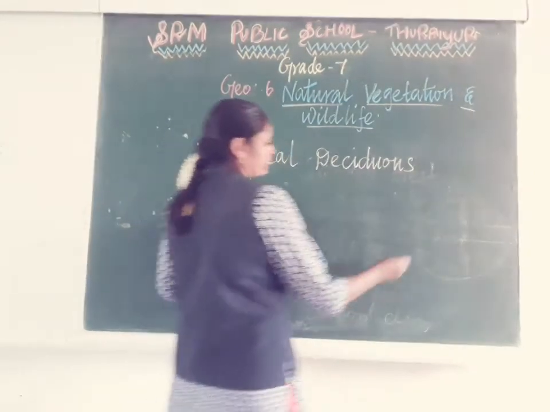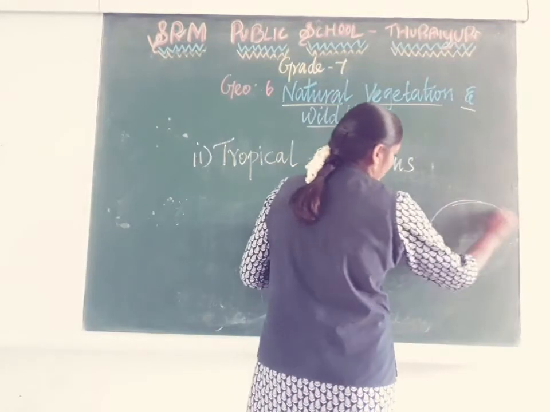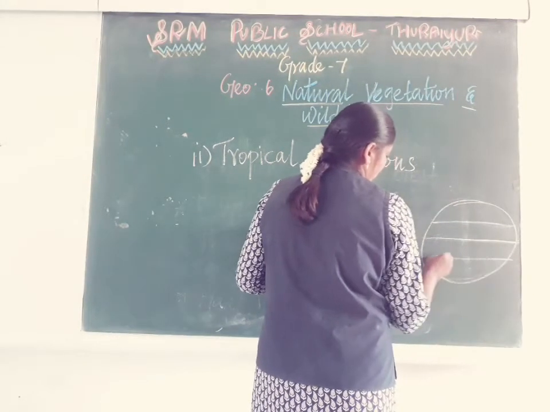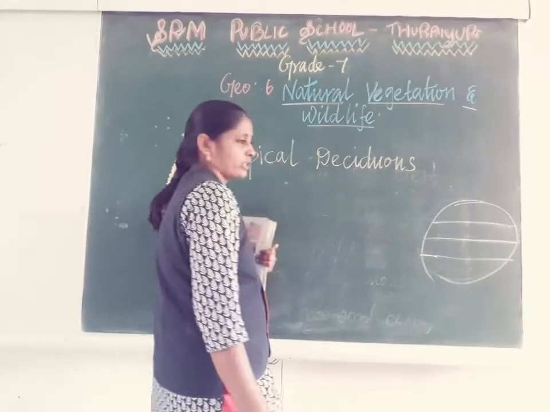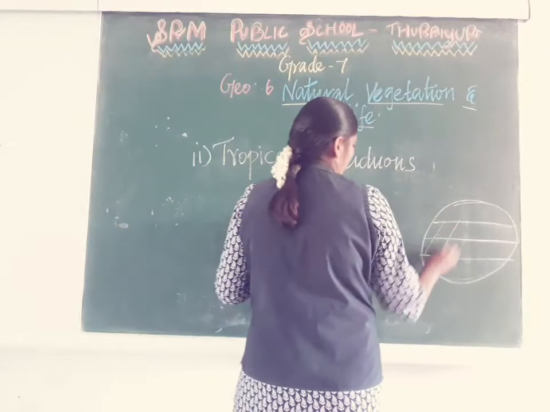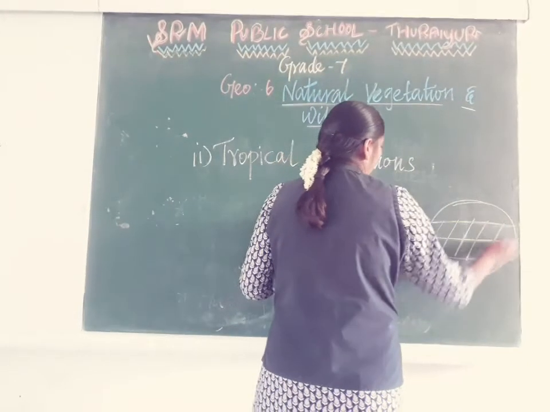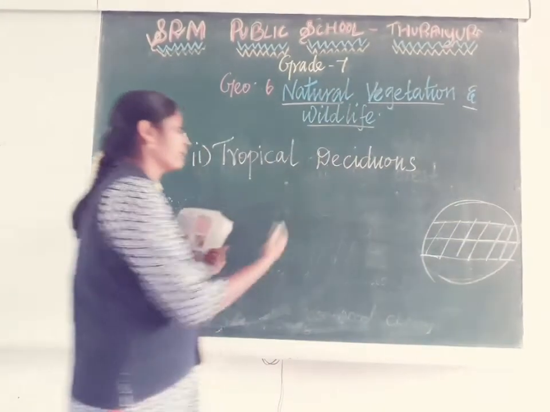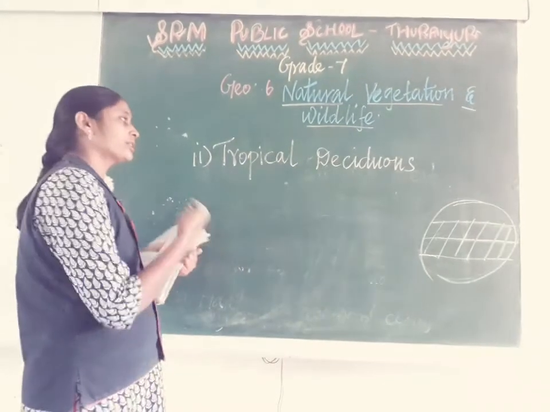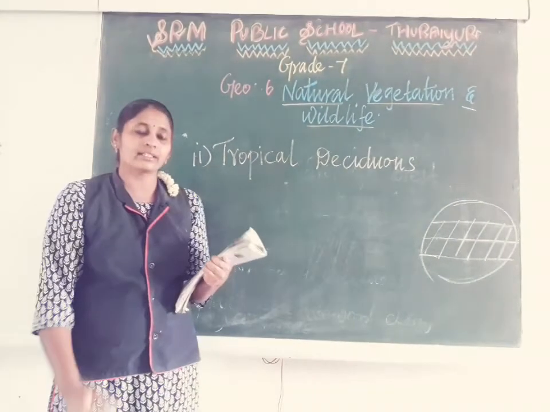You know very well the location of India and the African countries, everything is present in this region only, in the northern hemisphere. So in the same tropical region, in some places, you can see tropical deciduous forest. The best example is particularly India.